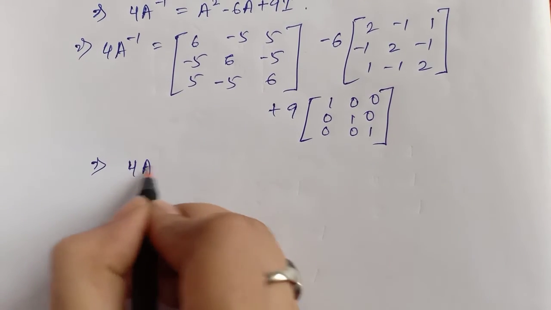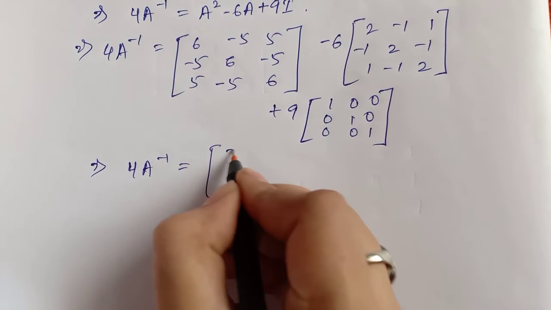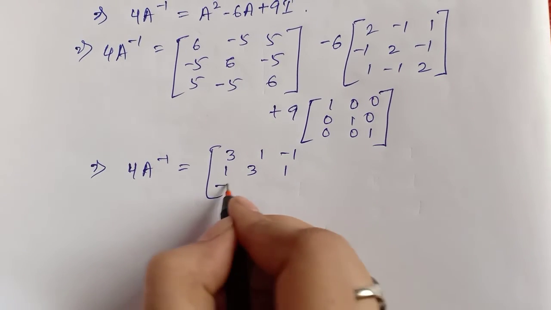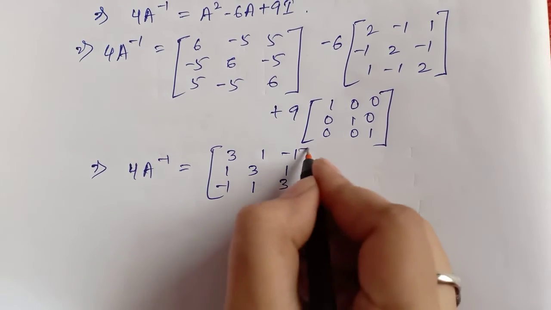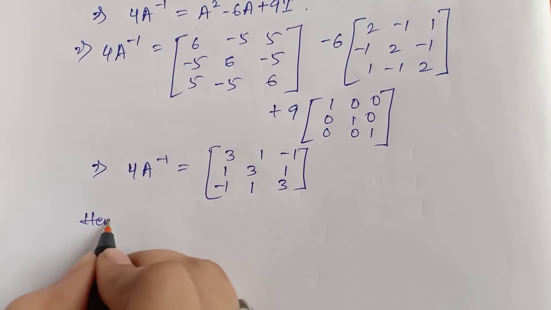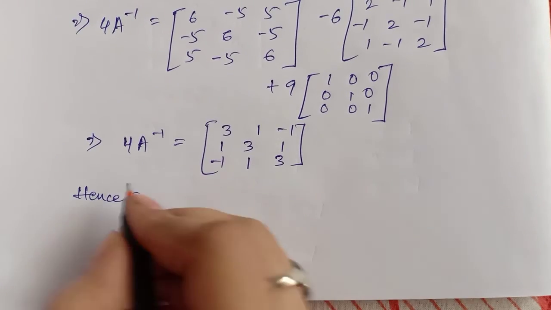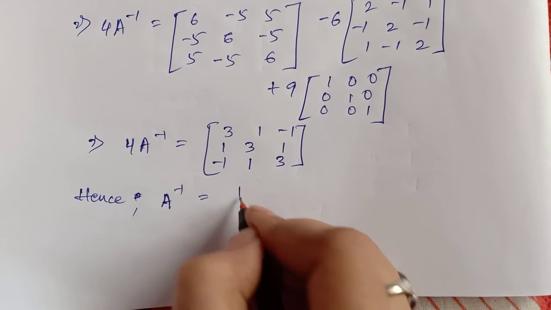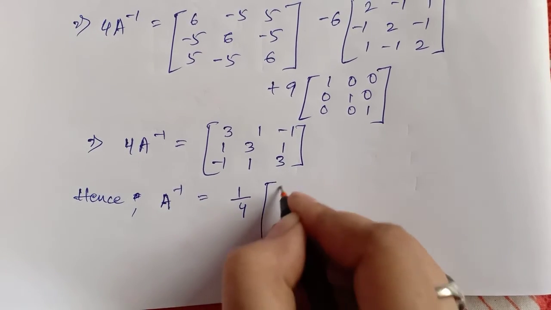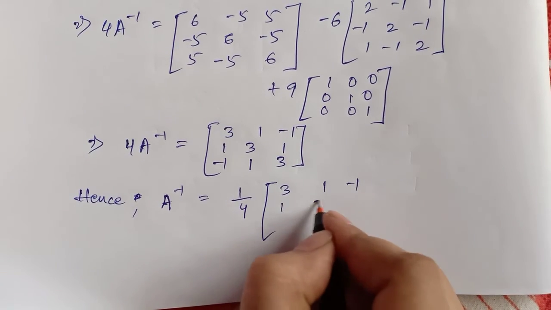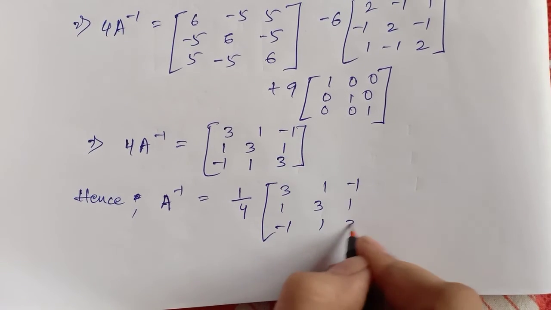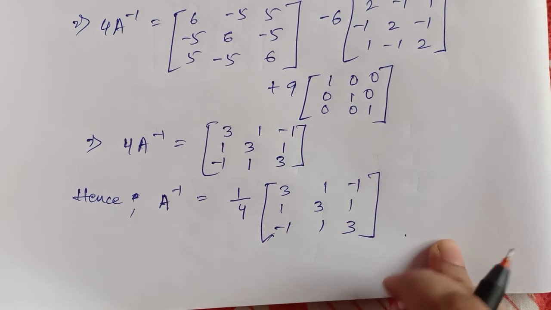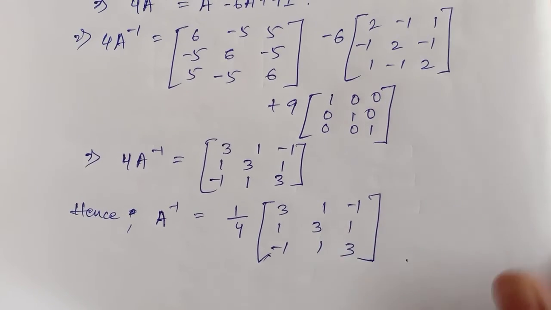Solving this, we get 4A inverse equals [3 1 -1; 1 3 1; -1 1 3]. Hence, A inverse equals 1 by 4 times [3 1 -1; 1 3 1; -1 1 3]. This is the value of A inverse.